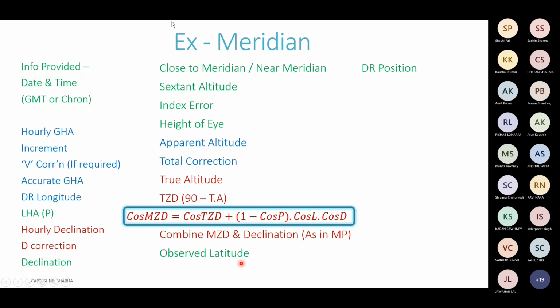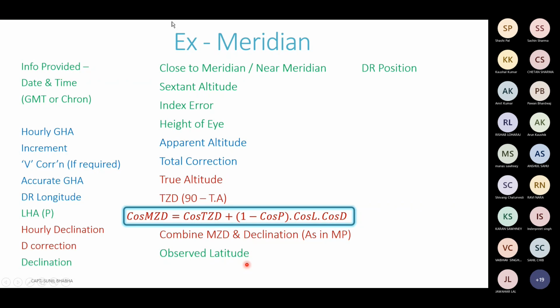Now up to here, this was similar to the meridian altitude observation, but after this there is a difference. The difference is, number one, the observed latitude which we got in a meridian altitude observation was also the fixed latitude. The observer has to be somewhere on that latitude only.